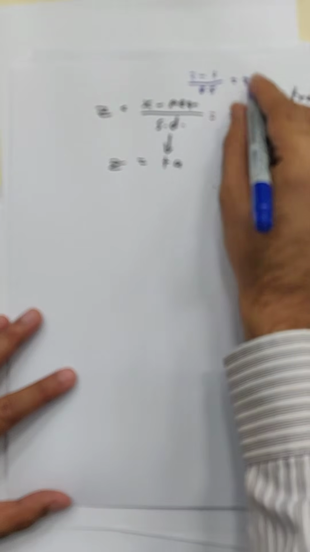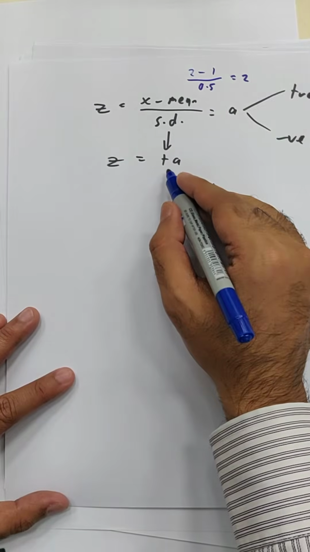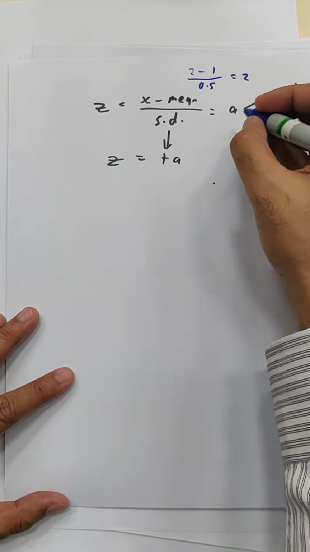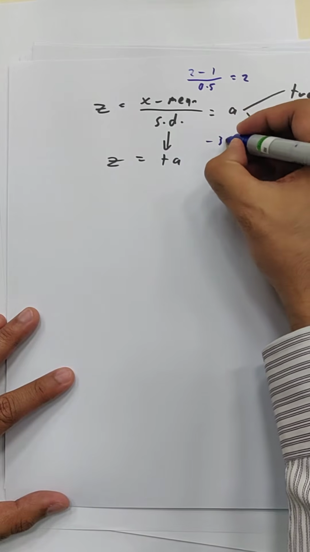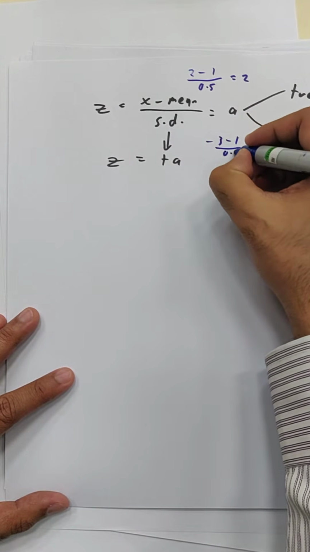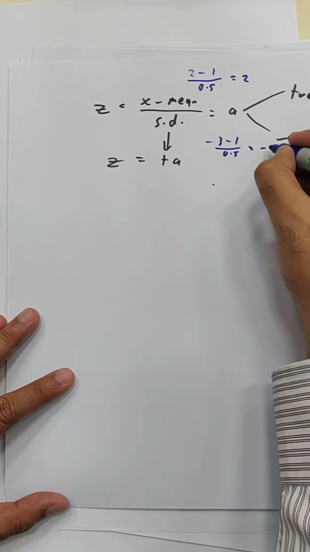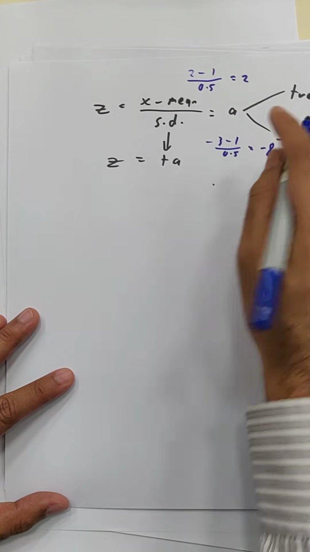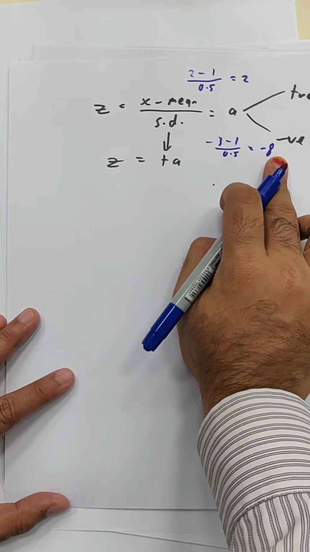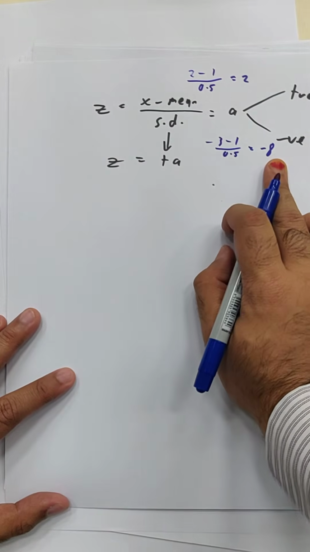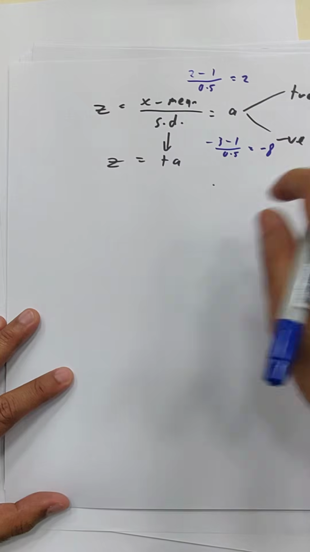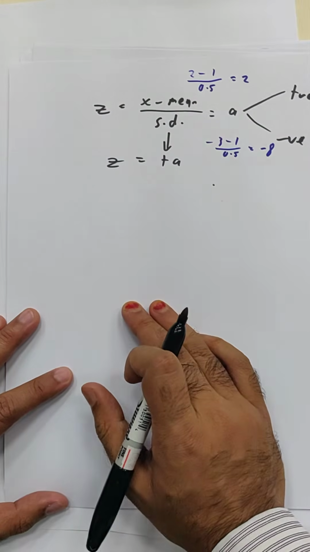So this is considered as positive a. If let's say I calculate something like negative 3 minus 1 over 0.5, I get myself negative 8. Then this is considered as negative. People at the back, can you hear my voice? Okay. So let's try.